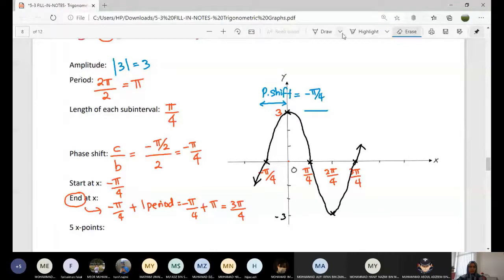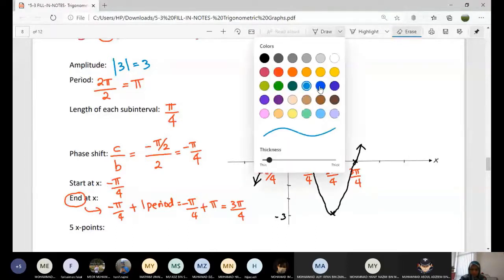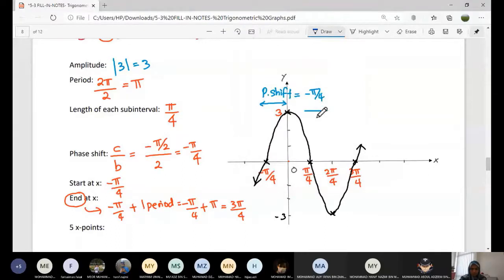And then the period starts from this part. From here, T equals this period. T equals pi. And it stops at 3 pi over 4. Okay, this is for one complete cycle.